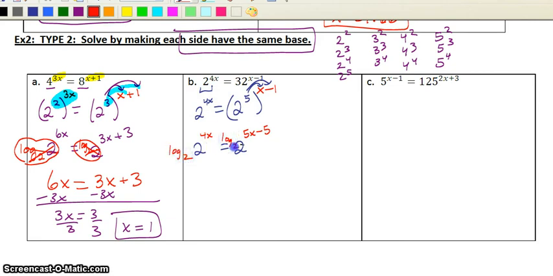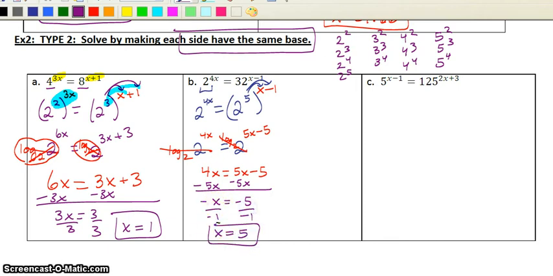And a shortcut is, as soon as you get it so they've got the same base, the powers are just equal to each other. So I got 4x equals 5x minus 5, and then go through and solve it. I get negative x equals negative 5. Divide by negative 1. X equals 5 this time.